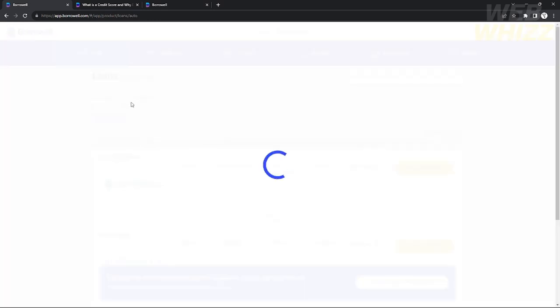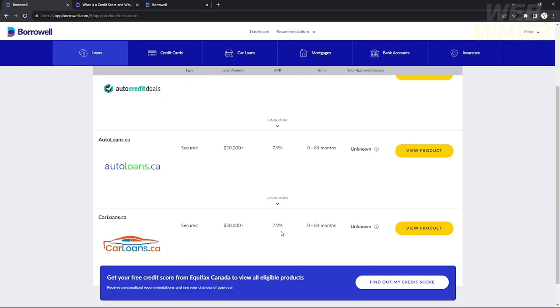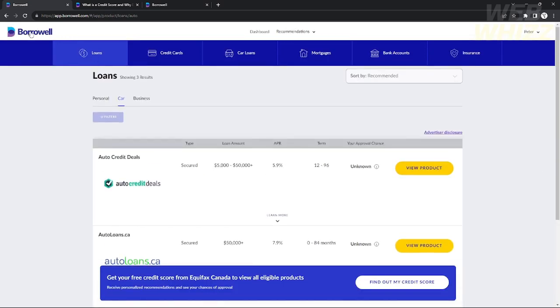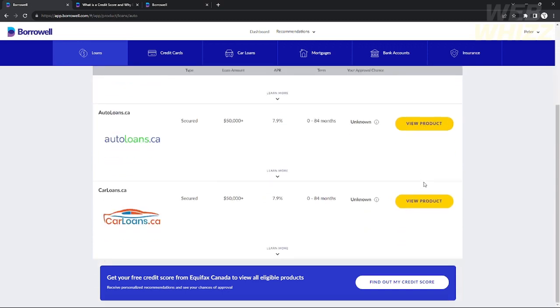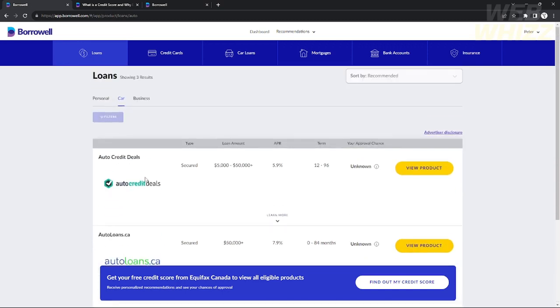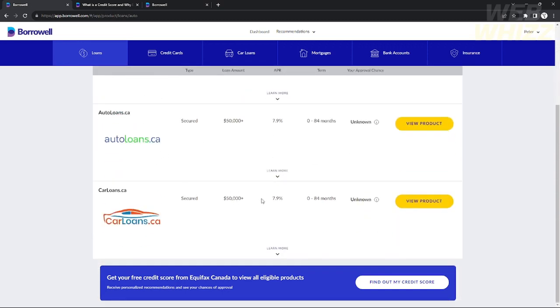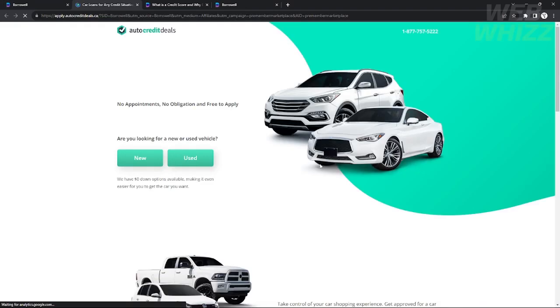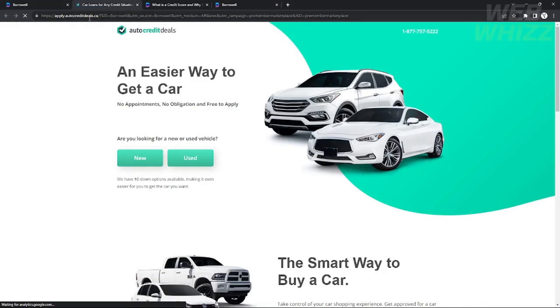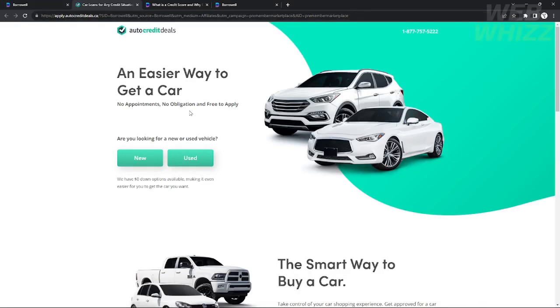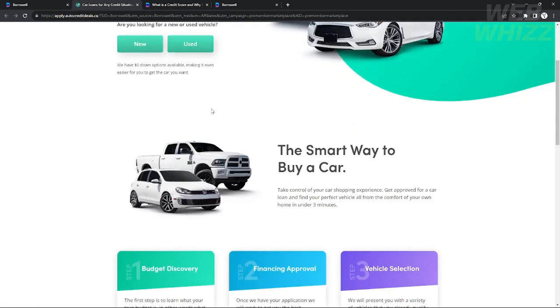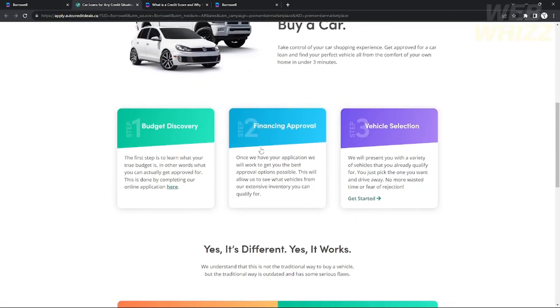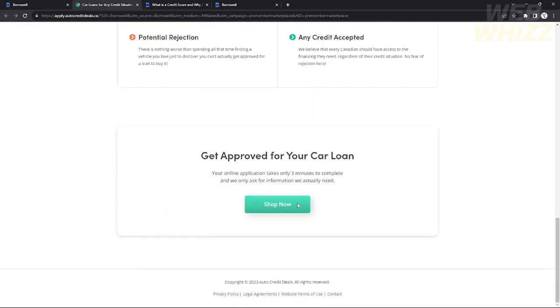The business loans are not available currently, but for car loans, they already have different trusted institutions that you can visit, and you can get a car loan right here. They will base your car loan on your credit score to know if you are worthy of getting a car loan from them.